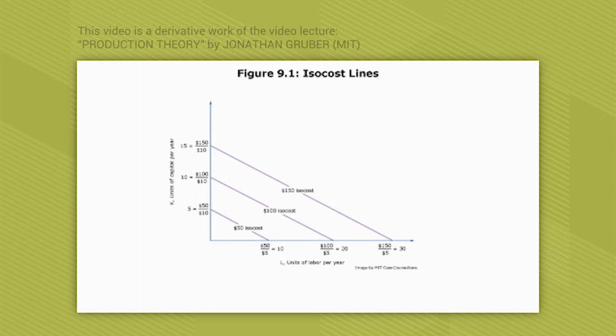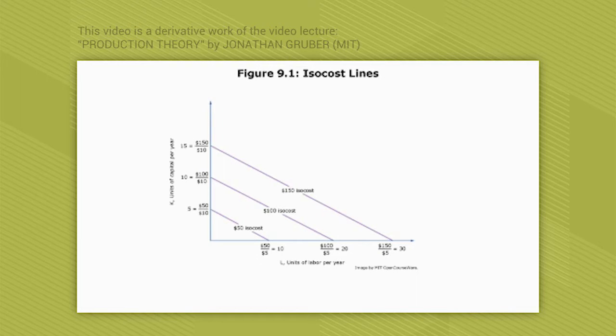Okay? So in other words, the $50 isocost line in figure 9.1 shows all combinations of labor and capital that cost $50. So you could spend $50 in production if you had 10 units of labor and no units of capital, or 5 units of capital and no units of labor, or any combination in between.